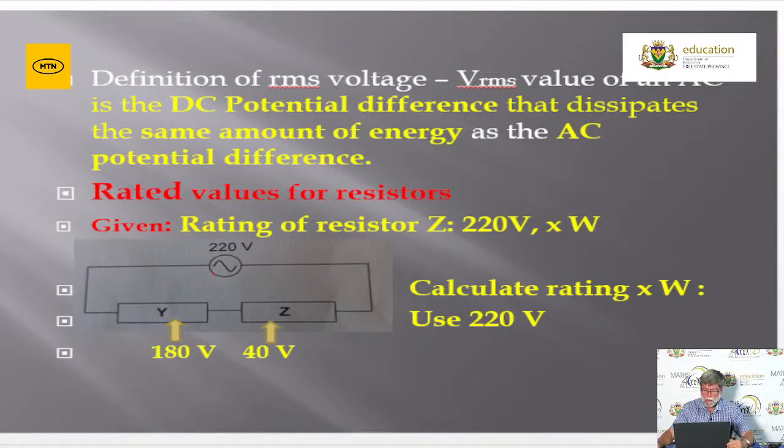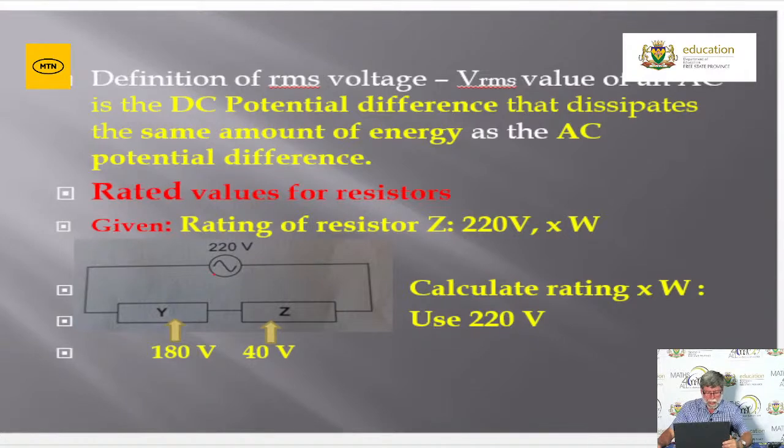But the question they ask you, you must get the power rating of resistor Z. It is given as X watt, and the rating of the VRMS is 220.